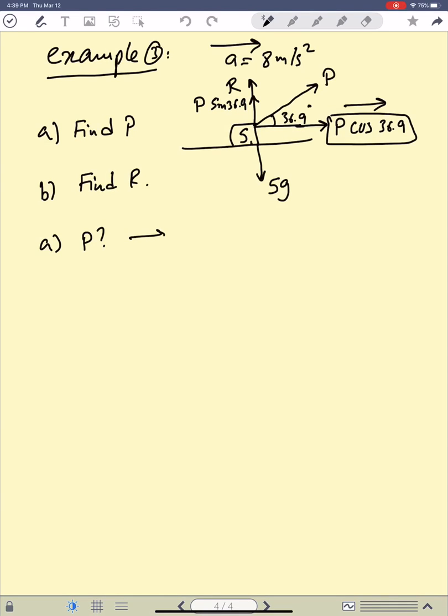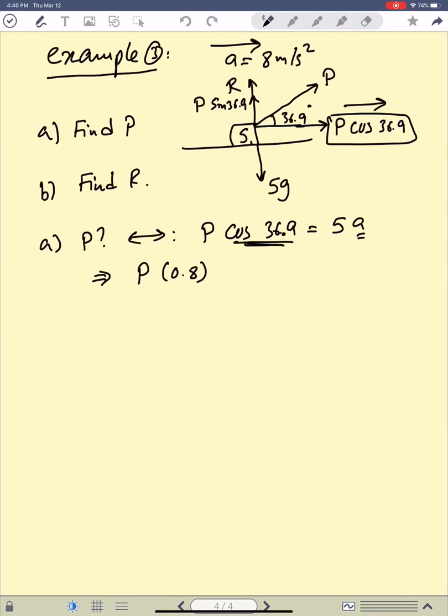So horizontally, or in the direction of motion, P cosine 36.9 is equal to MA, 5A. We are given A is 8, so this implies that P cosine 36.9, where cosine 36.9 is 0.8 in the calculator, is equal to 5 times 8, which is 40.